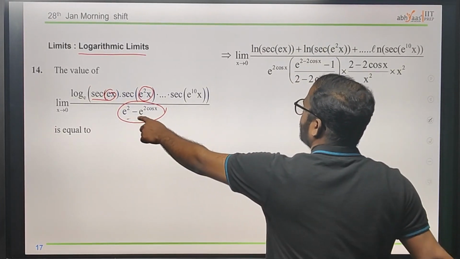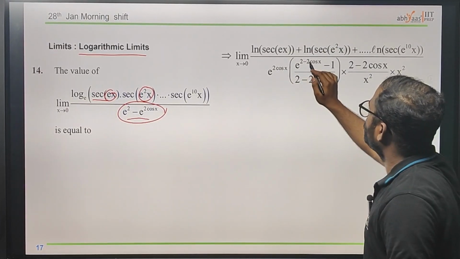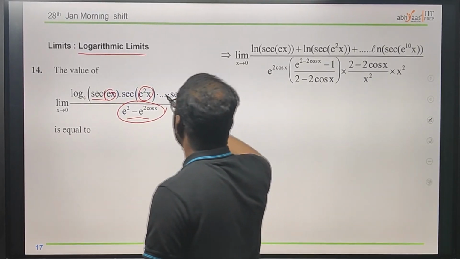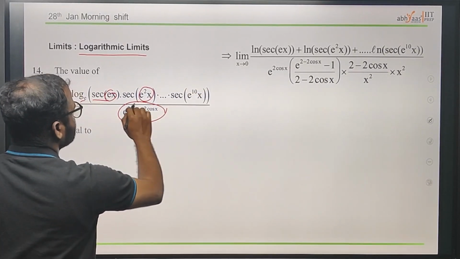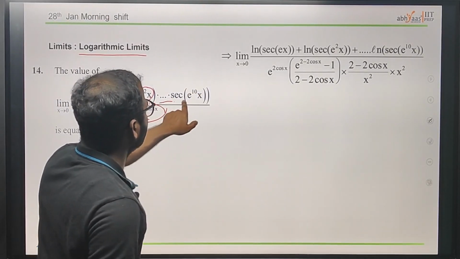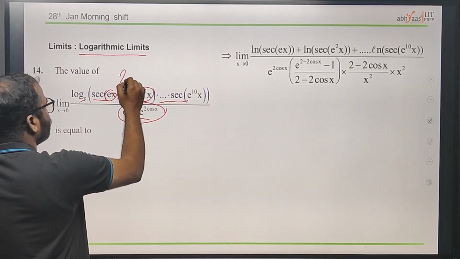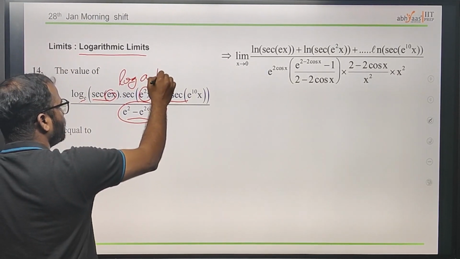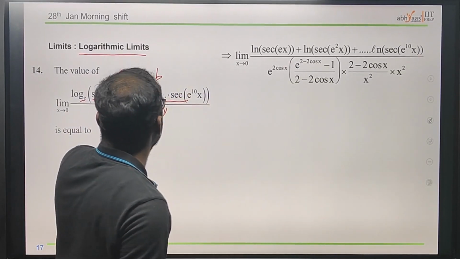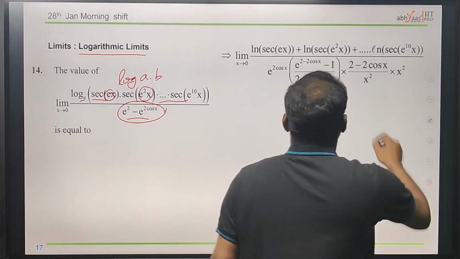See here, we can write this as e power 2 cos x. We can write ln of secant e square x, and using log of a into b as log of a plus log of b in the numerator.